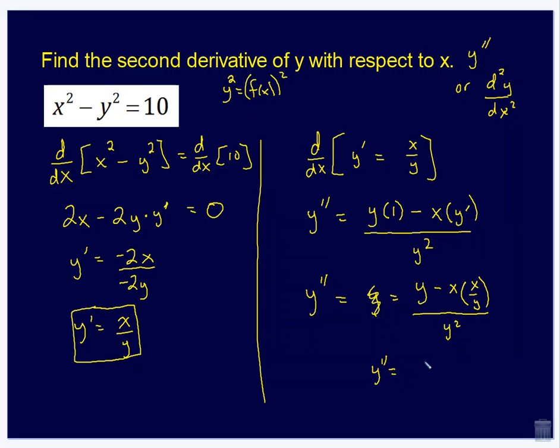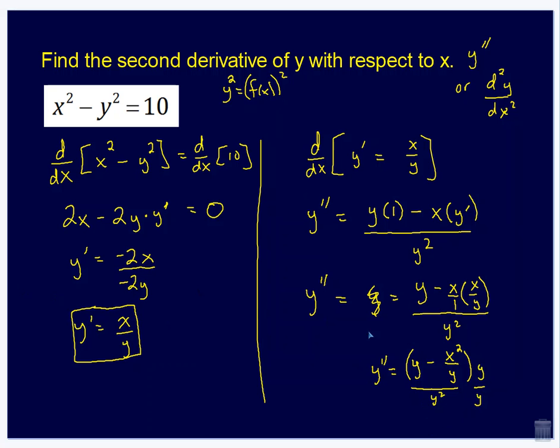And let's take a minute now to simplify the expression. I've got y minus, now if you look here, you have to be careful with the fractions here. It's x over 1 times x over y. This is going to be x squared over y, and then that's all over y squared. So now I'd like to kill the complex fraction by multiplying everything by another y over y.